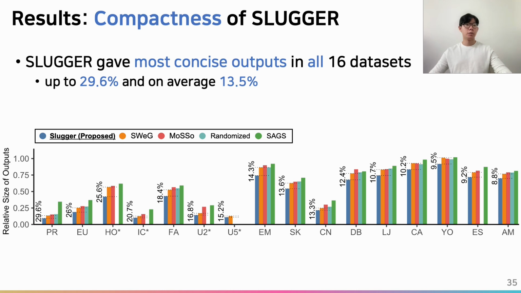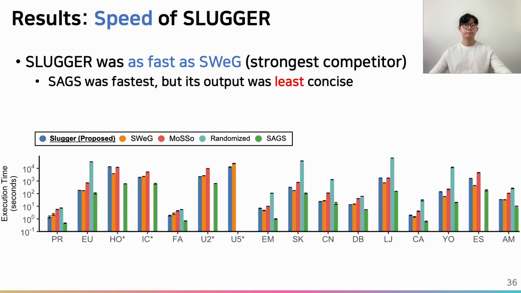SLUGGER provided the most concise representations in all 16 considered real-world datasets. Especially, SLUGGER gave an up to 29.6% smaller representation than the best competitor in the protein dataset. On average, SLUGGER gave a 13.5% smaller representation than the best competitor in all 16 datasets.